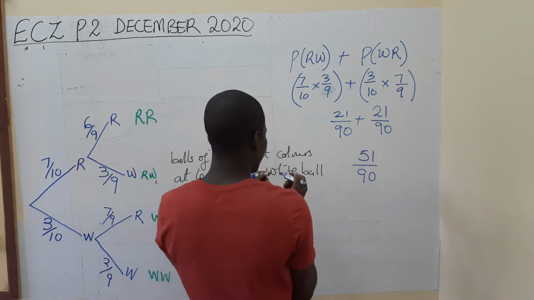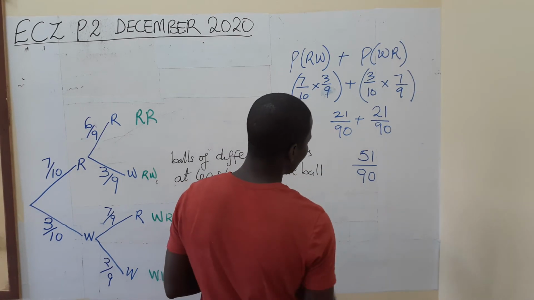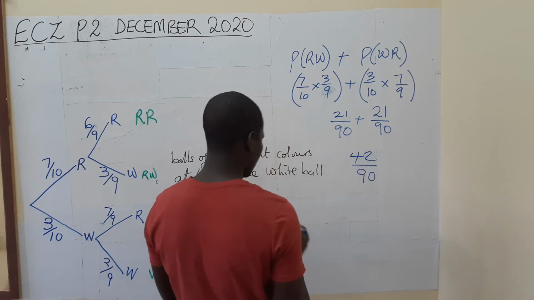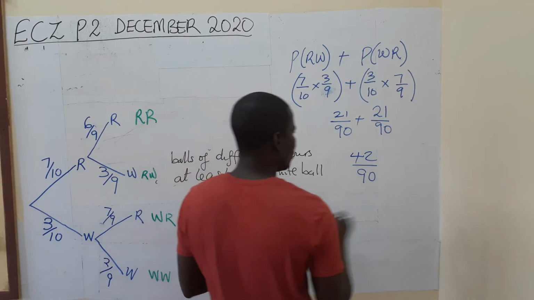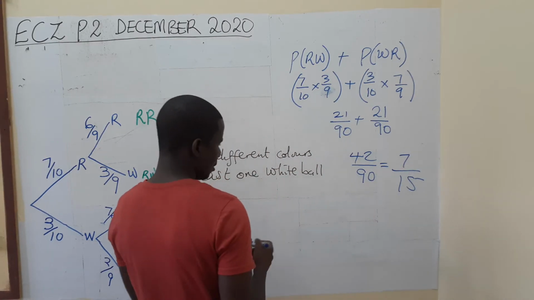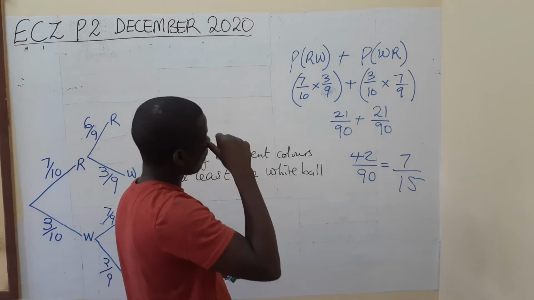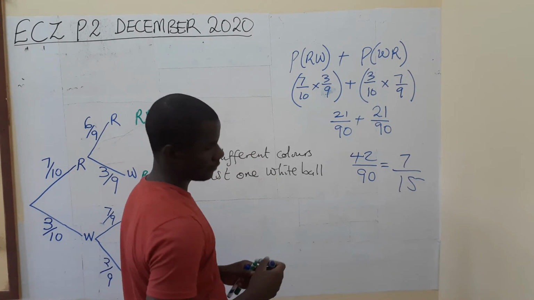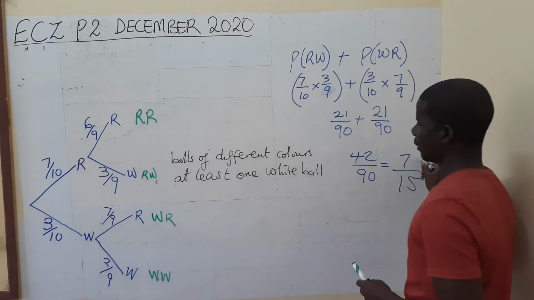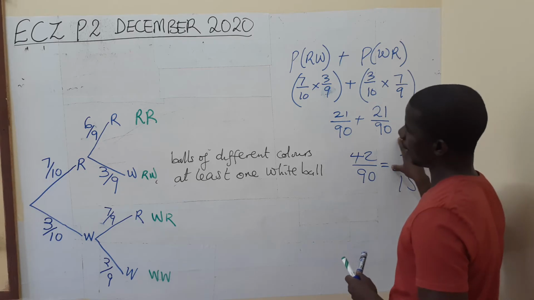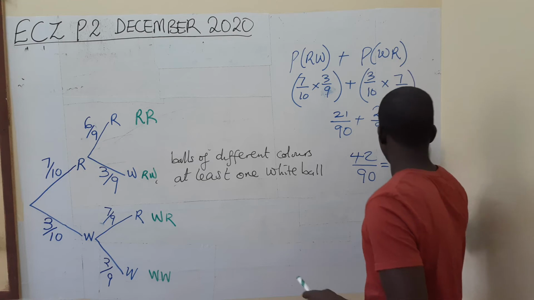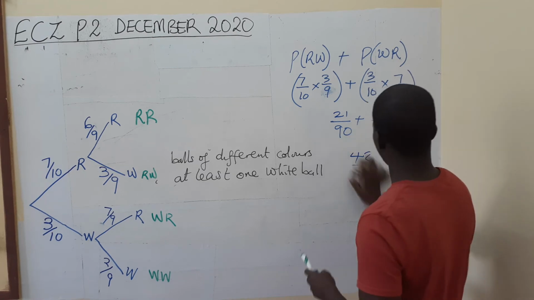I don't know where this other part came from. So this is supposed to be 42. At this point we can use 6 again to get 7 over 15. That is what we are going to get here.